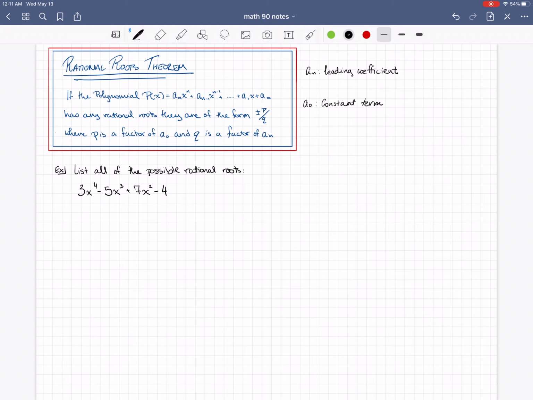Okay, so notice that we're not actually going to find any of the roots here. We're just going to list all of the possible rational ones. All right, so here goes.